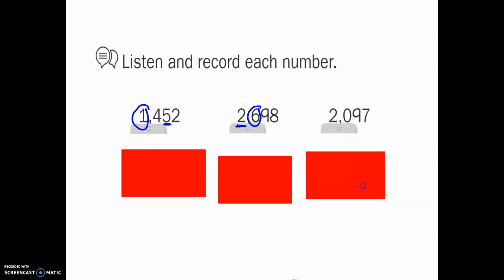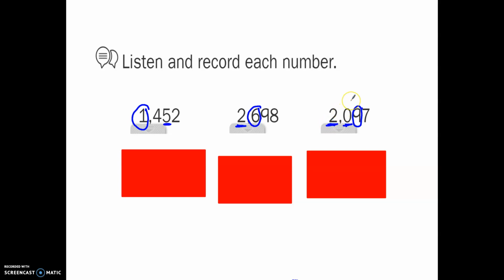And our last number, 2,097. What is the value of the 0? The value of the 0 is 0. It's in the hundreds place, but it's a 0, so it's worth 0. The value of the 9 is 90. And the value of the 2, since it's in the thousands place, is 2,000.